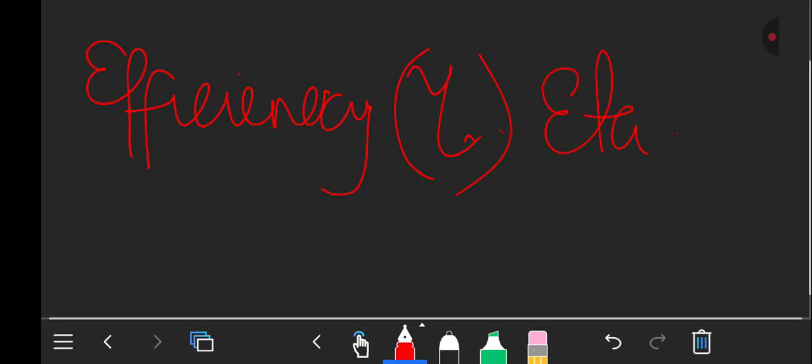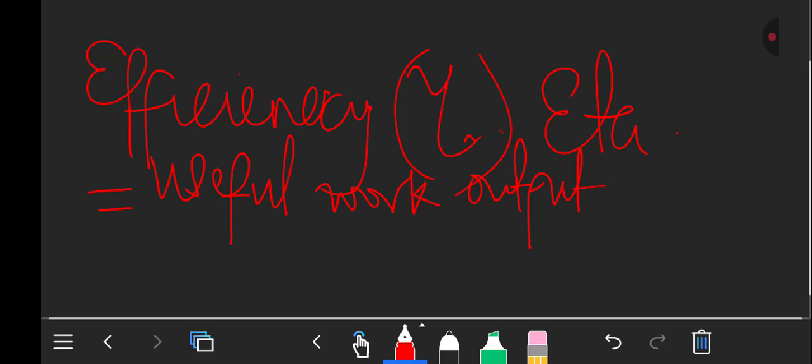So we can say eta, or efficiency, is equal to the useful work output over total work input.